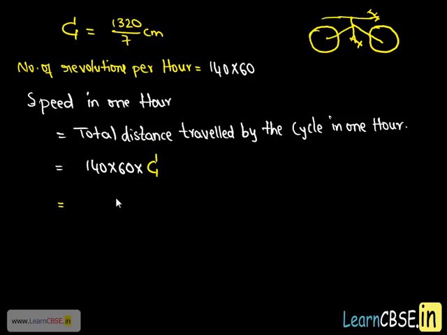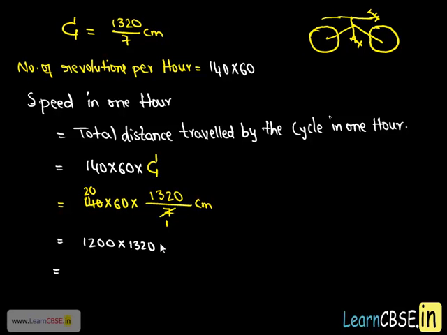The value of C is 1320 upon 7. Looking at the numerators and denominators, 7 is a common factor, so 7 goes in 140 20 times. The product of 20 and 60 is 1200, which is multiplied with 1320.